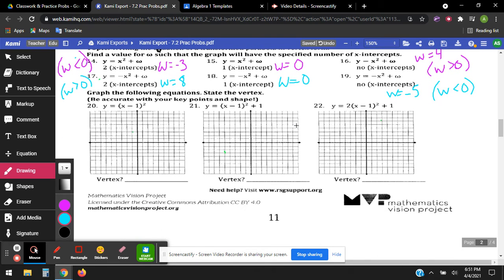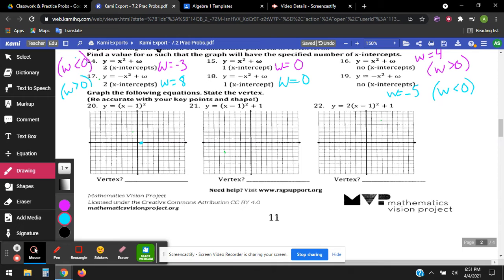Okay, now let's graph the following equations and state the vertex. So x minus 1 squared. If you remember, anything inside the parentheses moves it right or left. So I subtract my x coordinate of my vertex. Well, my x coordinate would be a positive 1 because I'm subtracting 1.